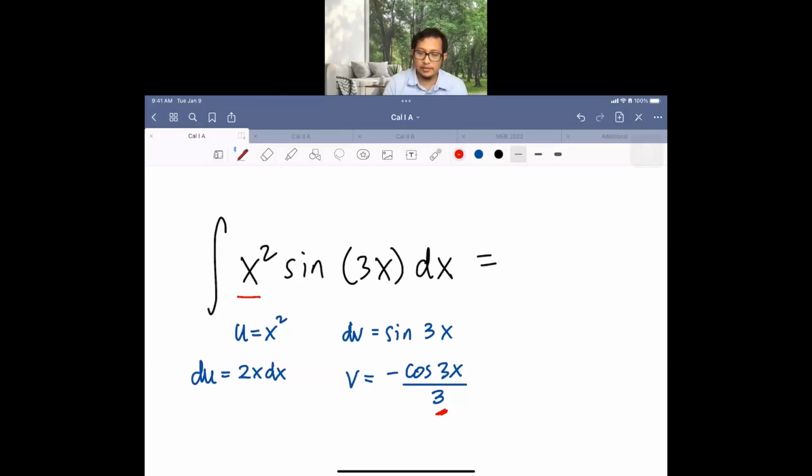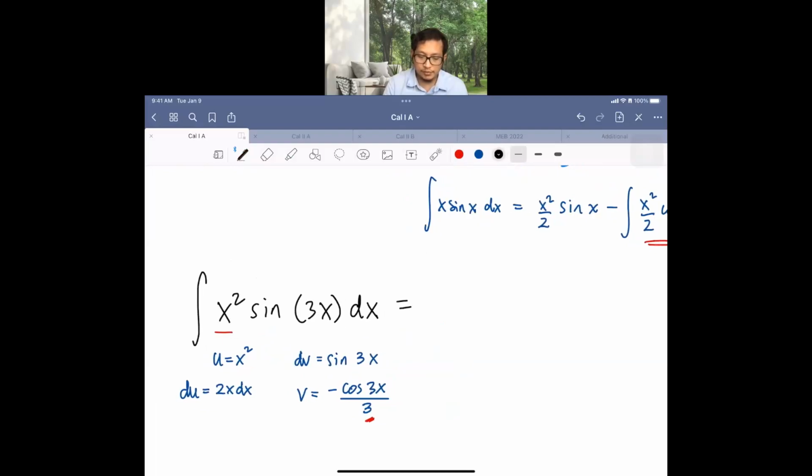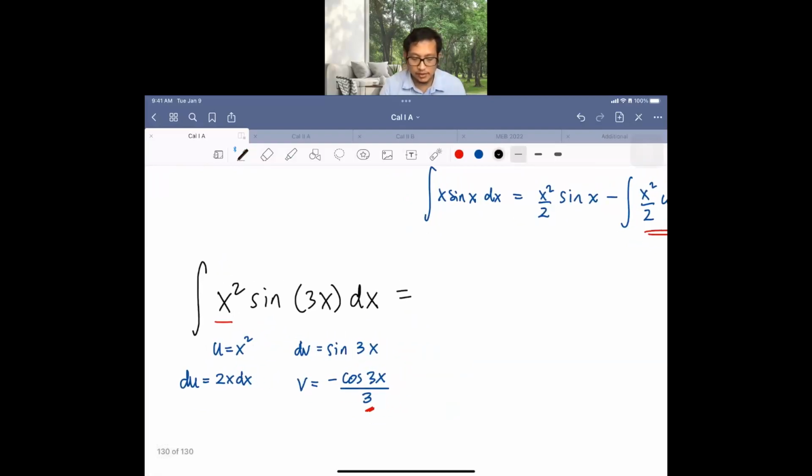So we can have this arrangement: this will be uv. uv is x squared times minus cosine 3x divided by 3. And then minus the integral of v du.